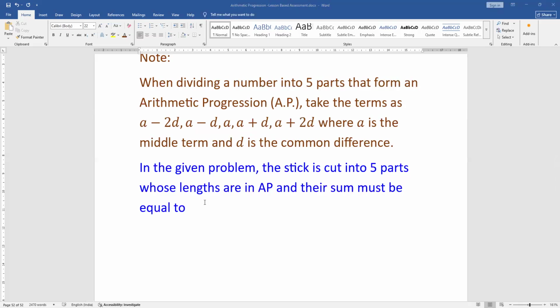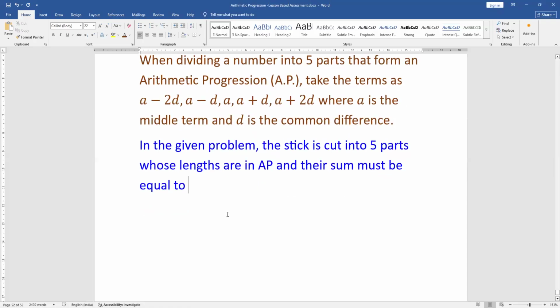So when I cut all the total parts, when you add them up, you'll get back to 25.